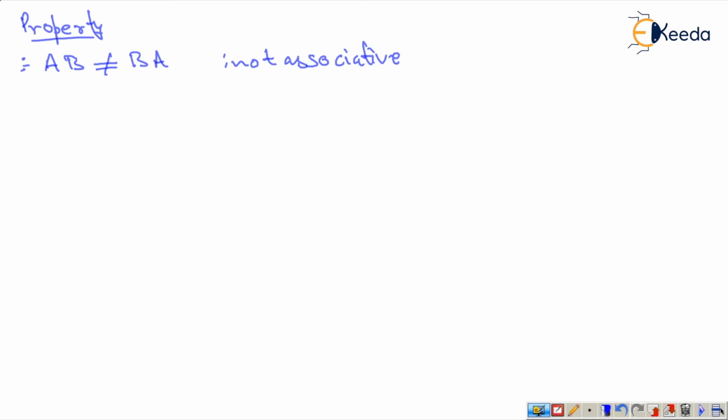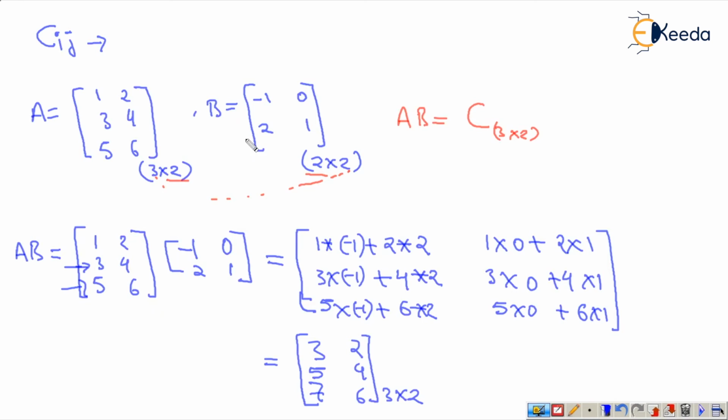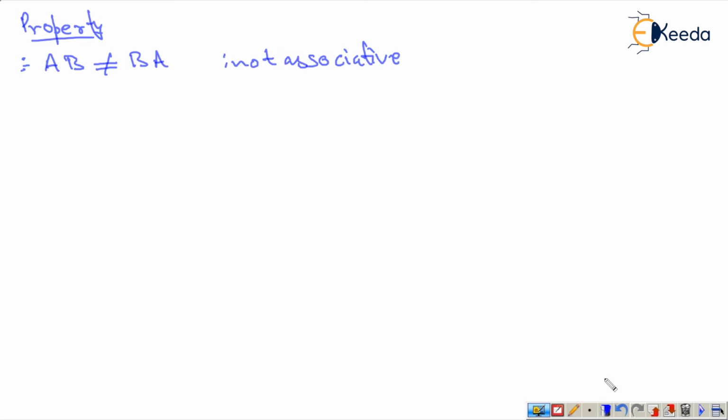Like in the previous case, we have AB as 3 cross 2 into 2 cross 2, which is possible because the number of columns and number of rows are the same. When we reverse the order, if it is BA, this is going to be 2 cross 2 into 3 cross 2. So these two are not the same. So this multiplication is not even possible. So forget about being equal, the multiplication may not be feasible also.